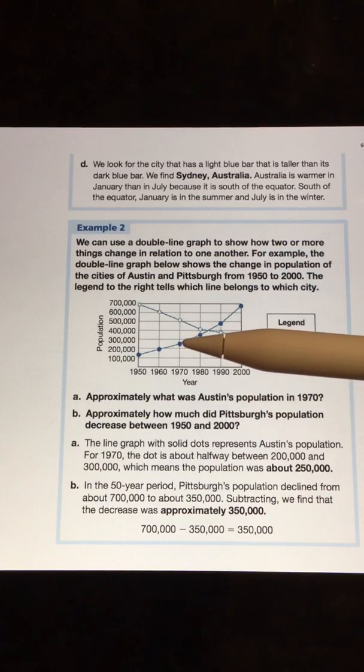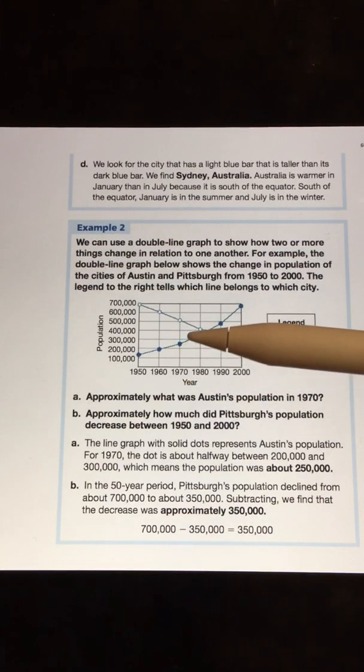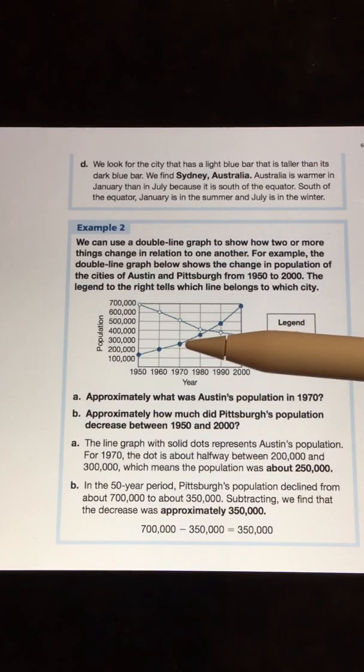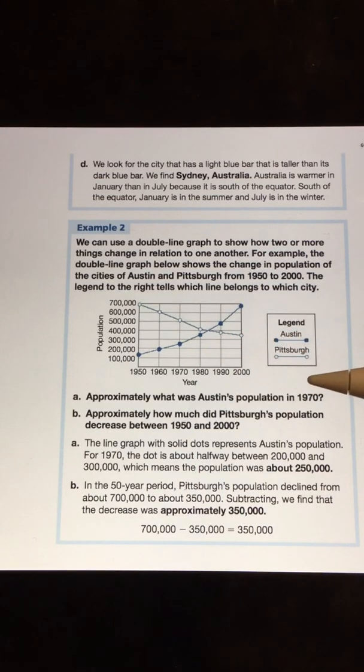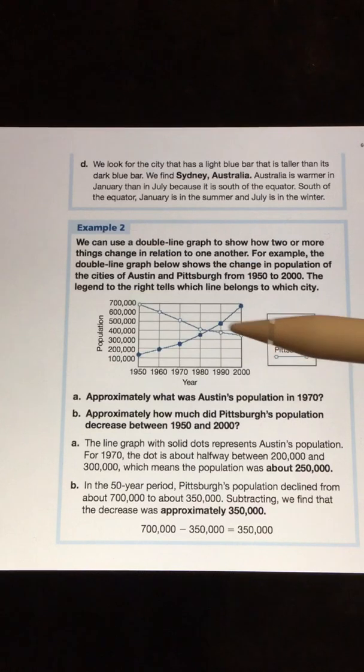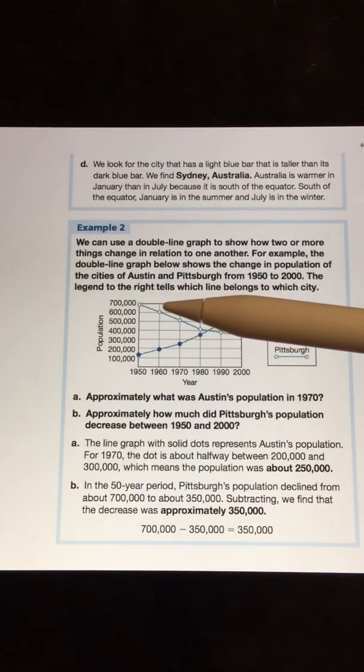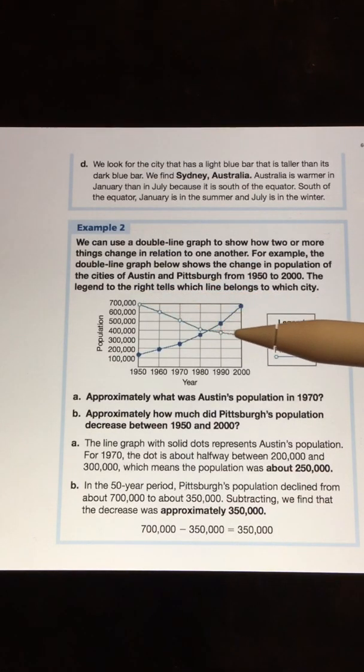Approximately what was Austin's population in 1970? We come up to 1970 and see that it is between 200,000 and 300,000, so we can say safely that it's approximately 250,000 people. Population measures the number of people. The next question: approximately how much did Pittsburgh's population decrease between 1950 and 2000?